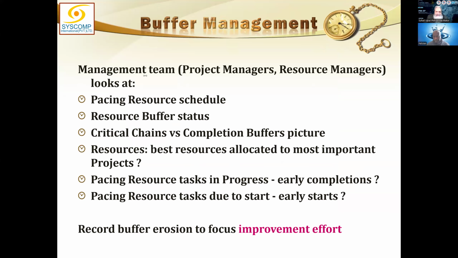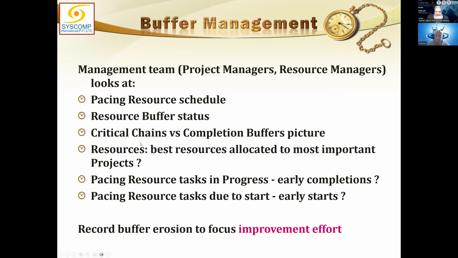Let us look at the buffer management thing. Management team looks at pacing resource schedule, resource buffer status. And this is specifically from the resource buffer point of view. Critical chain versus completion buffer, meaning I said whenever you read completion, you read it as project buffer.